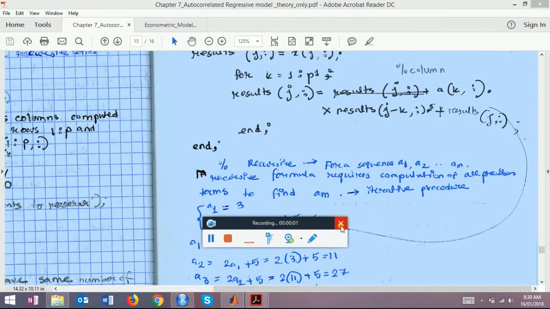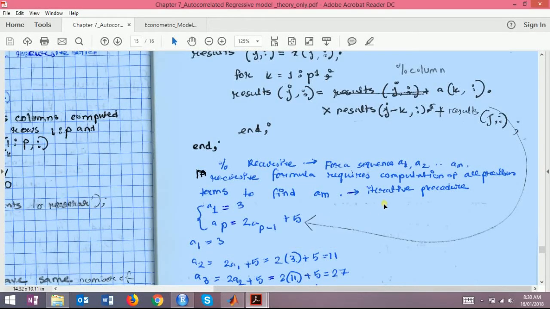Well, now in this video we will talk about the exercises from autocorrelated regression models. In the previous video we talked about autocorrelation regression model theories.